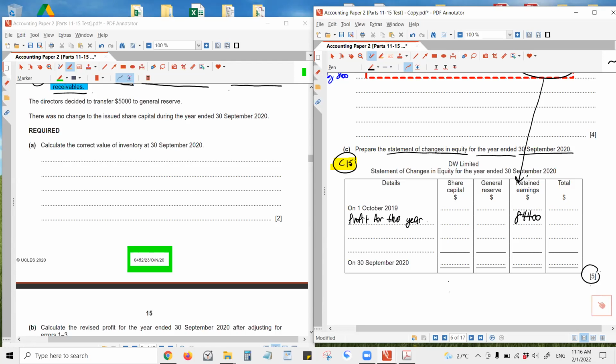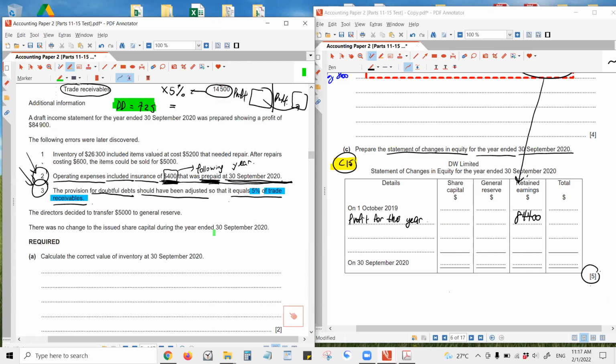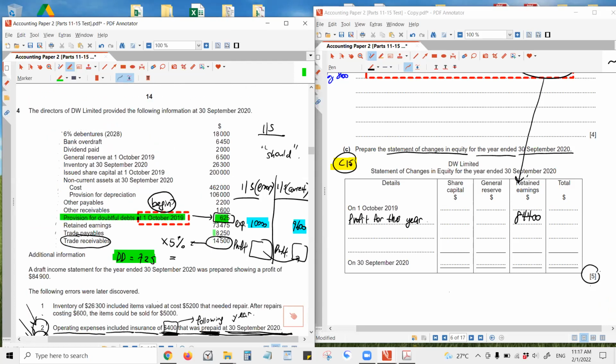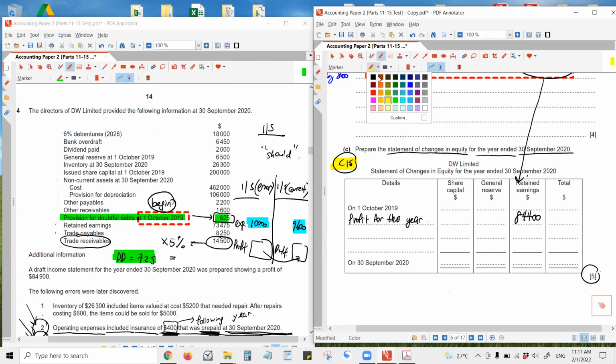And then you look at the question to look for other numbers that you need to put into the table. So we have to look for the first row of numbers, the balances at the beginning of the year, for share capital, general reserve, retained earnings.